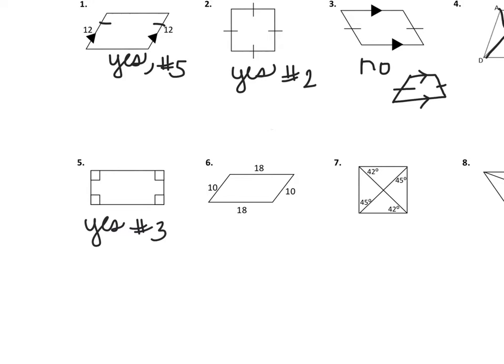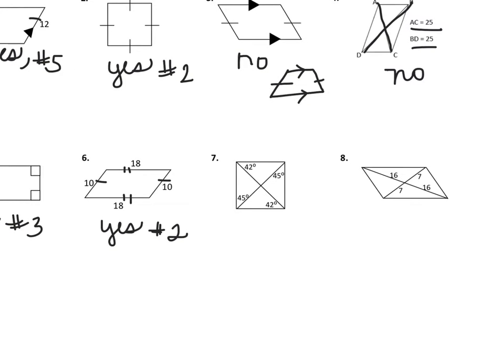We have all the sides labeled with side lengths. And I see that this side and this side, which are opposite sides, are congruent. They're both 10s. And then I have the 18 also congruent to the 18. So this one has both pairs of opposite sides congruent, and therefore it is a parallelogram because of our second rule.